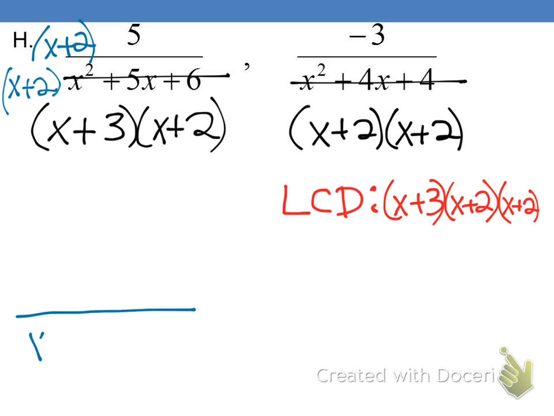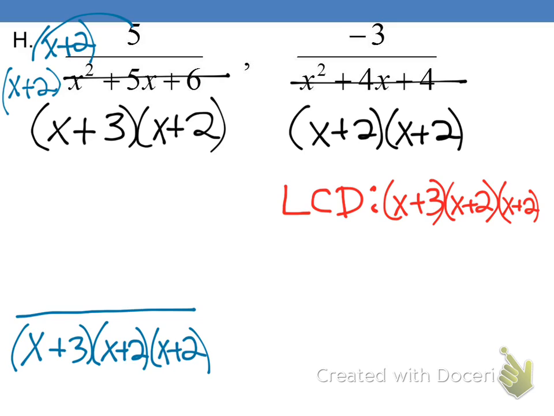I think that double distributing is going to make us lose focus of what we're working on. So just keep it like that. Okay? Now, I'm going to distribute up here, though. What is 5 times x? 5x. What is 5 times 2? So plus 10. Okay, that's our first fraction.